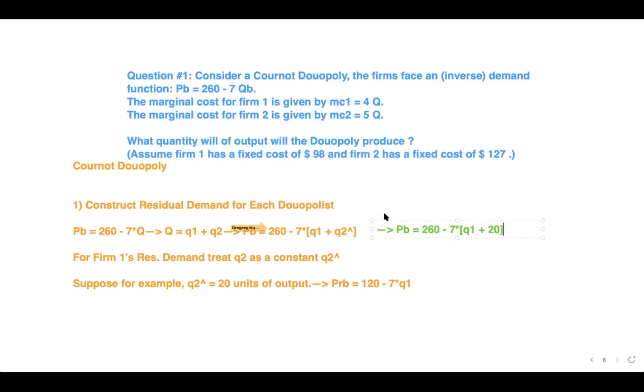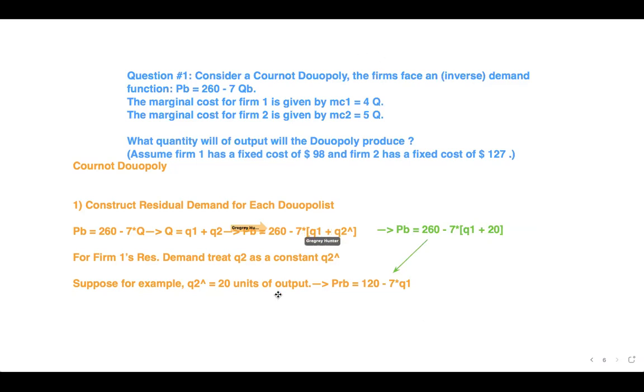And then obviously, if I go ahead and reduce this equation to what's left over, then I end up with an intercept. So notice it has the same slope as the original demand curve, but the intercept has been changed, right? Because of this assumption.